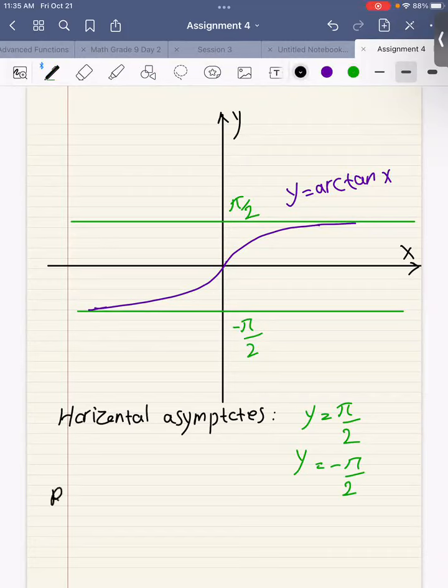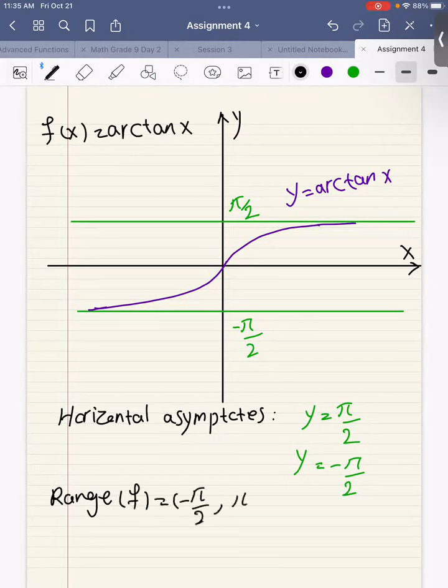So the range of arctan, if f of x is arctan of x, is the open interval minus pi half to pi half. So arctan is always between minus pi half and pi half.